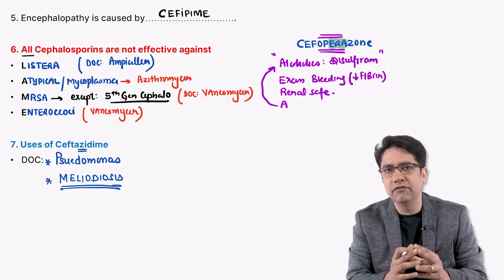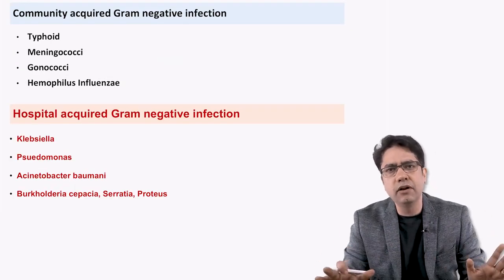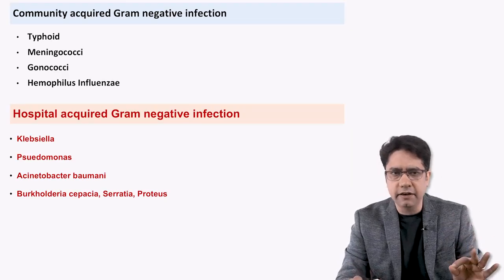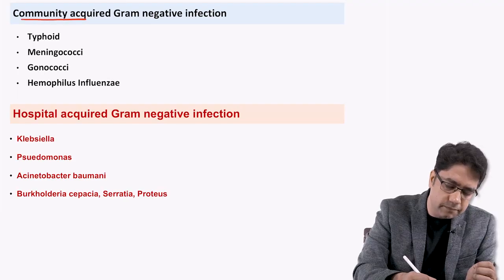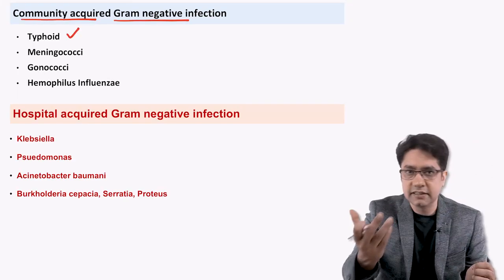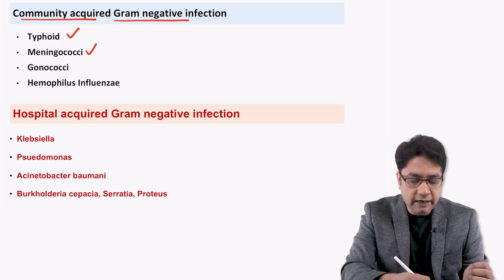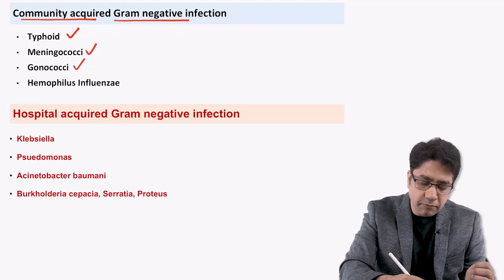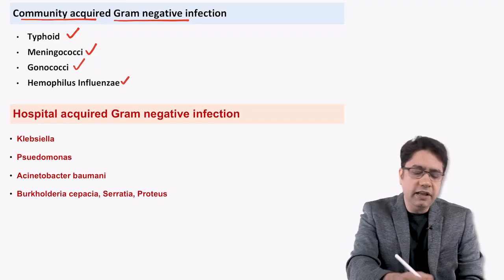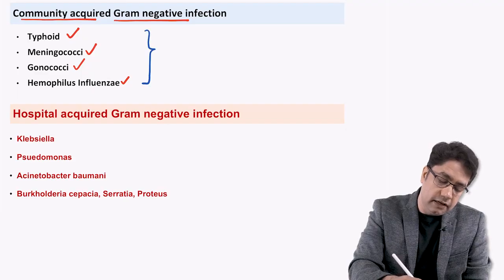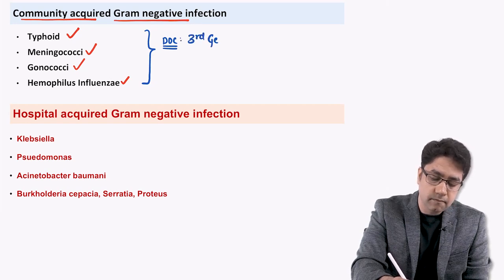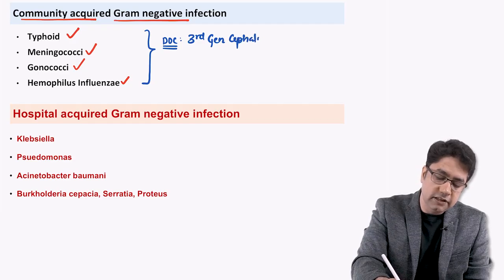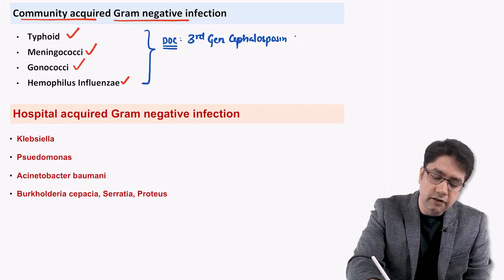Let's understand in which infection which drug is to be used. Remember one rule: any gram-negative community acquired infection like typhoid, Salmonella typhi, meningococci and gonococci caused by Neisseria meningitidis and Neisseria gonorrhoeae, and Haemophilus influenzae. Any community acquired gram-negative infection, the drug of choice is third generation cephalosporin. And if third generation cephalosporin is not given in the options, you can go with extended spectrum penicillin.